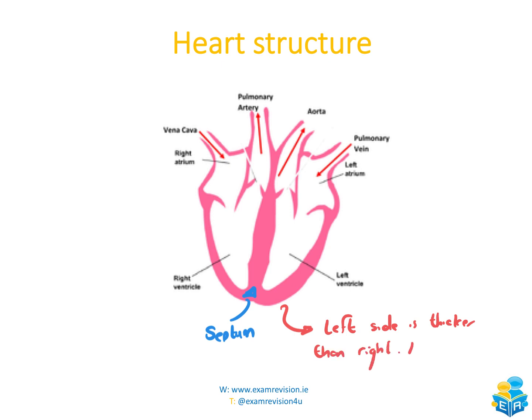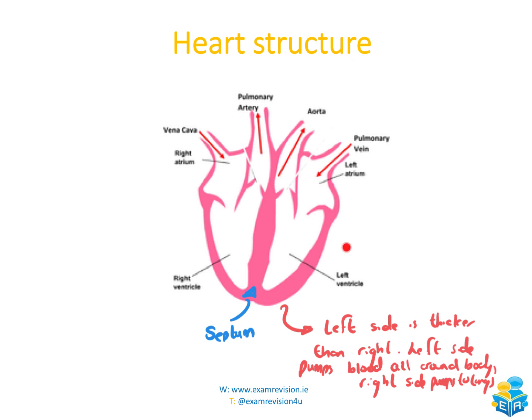And the reason for that is the left side pumps blood all around the body. And the right side only pumps it as far as the lungs. Okay, so you can imagine if this side of the heart is pumping to the lungs, and you can imagine how close the heart is in proximity to the lungs, it doesn't have all that far to go at all.